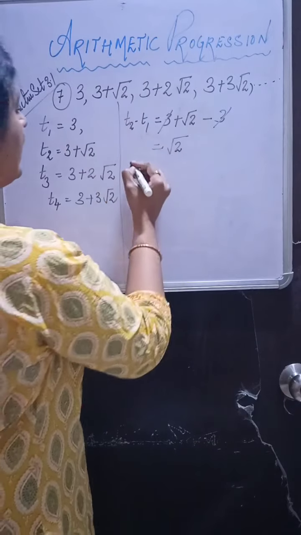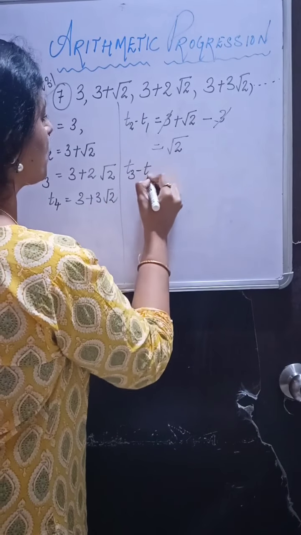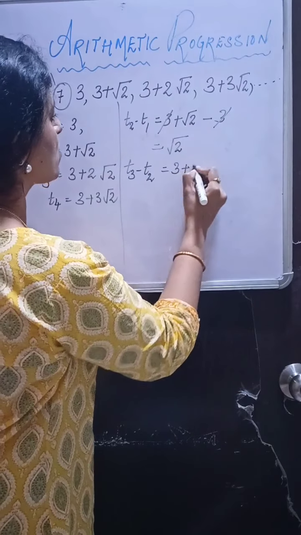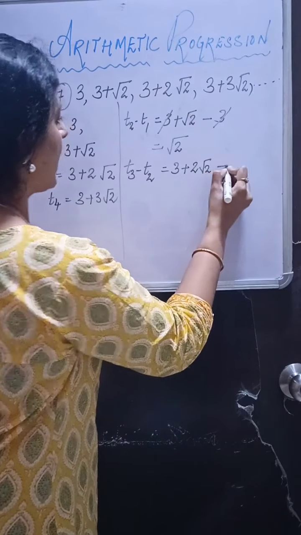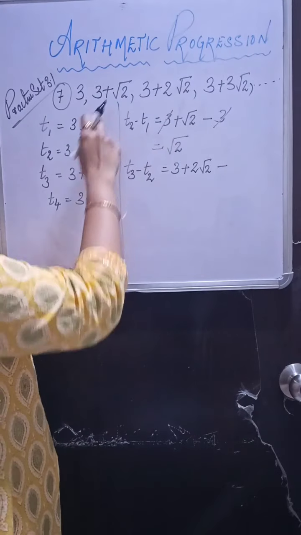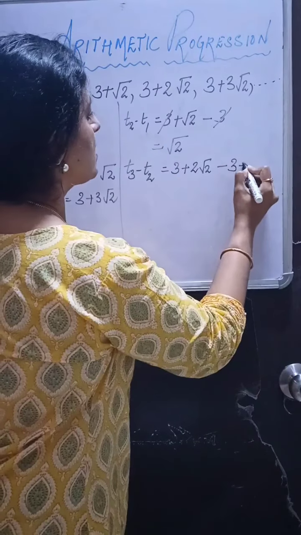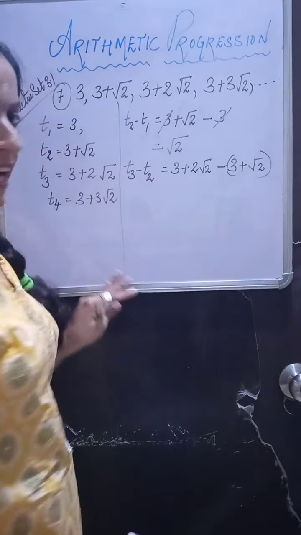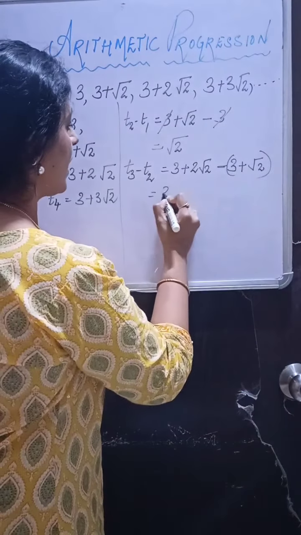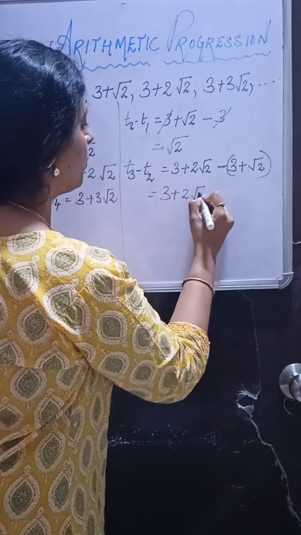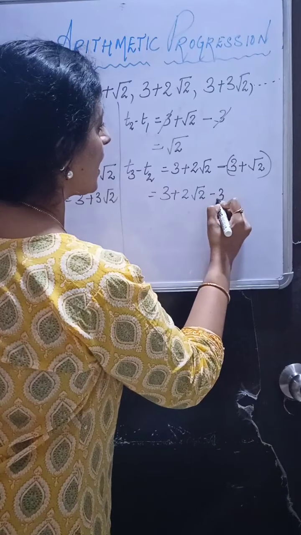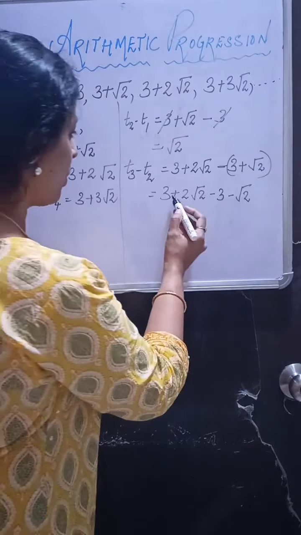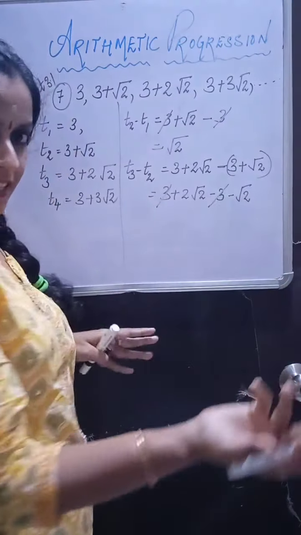Now let us go ahead. T3 minus T2 is equal to T3, which is 3 plus 2 root 2, minus, what is T2? T2 is 3 plus root 2. This is a minus sign, so put it in a bracket. Be careful. 3 plus 2 root 2 minus of 3 plus root 2. The sign will change. So now 3 and minus 3 cancel.